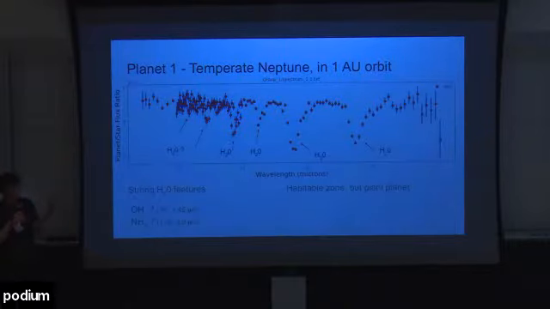And it's sitting at about 5 AU, about the same distance that Jupiter is from the Sun. Oh, no, this is planet 1. Right, this is planet 1. Okay, so this is sitting at 1 AU around a Sun-like star. This is the one that's about 20 times larger than our smallest one.